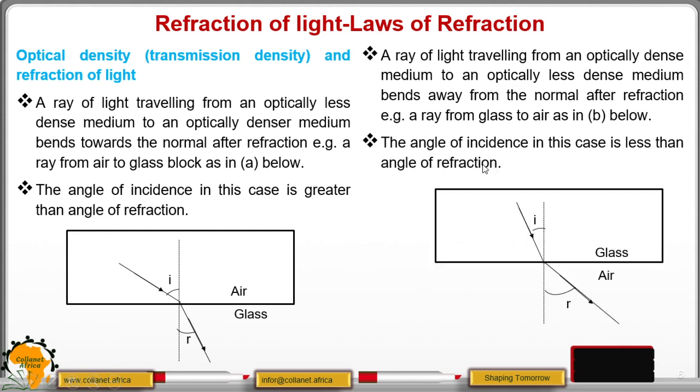And in this case, you will find that the angle I will be less than the angle R. So that is when this glass is denser than this air, so this ray will be refracted away from the normal.